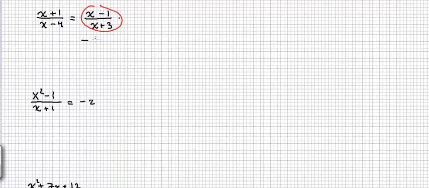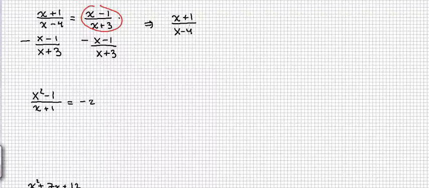So we're going to subtract x minus 1 over x plus 3 on both sides. This is going to equal x plus 1 over x minus 4 minus x minus 1 over x plus 3 is equal to 0. That side goes to 0.